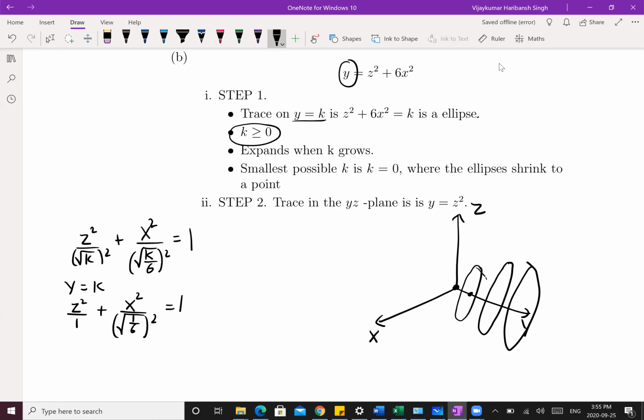Now the trace in the YZ plane is basically a parabola, y equals z squared, which looks like this. If we cut it in the YZ plane, it's basically a parabola. So let me draw that. An increasing parabola.